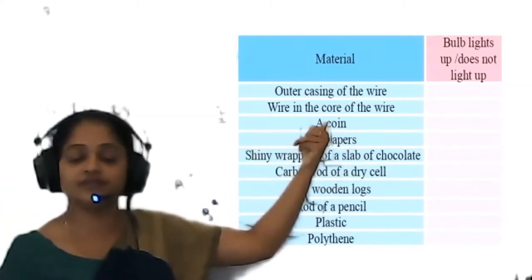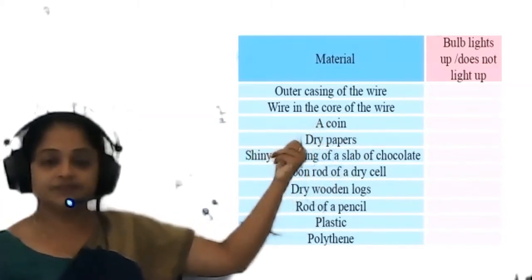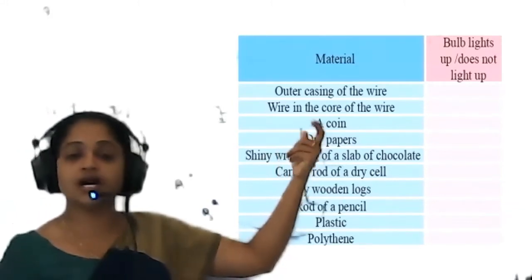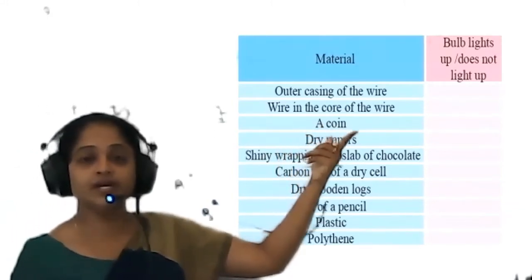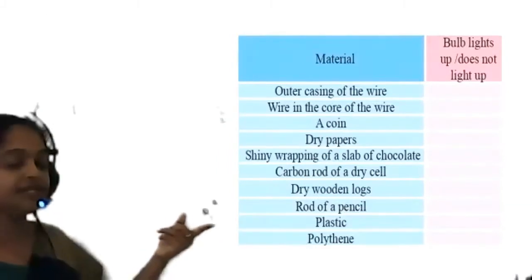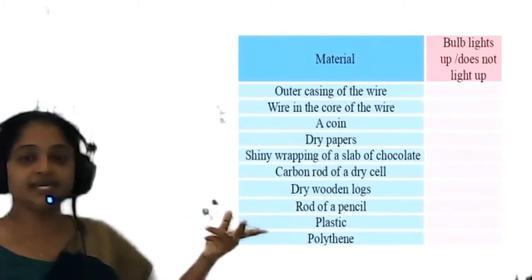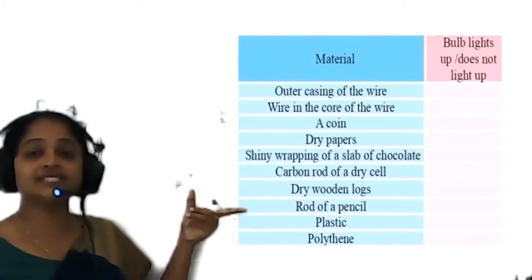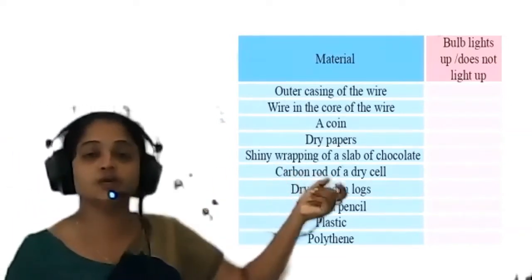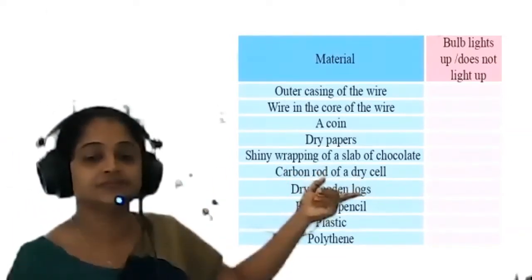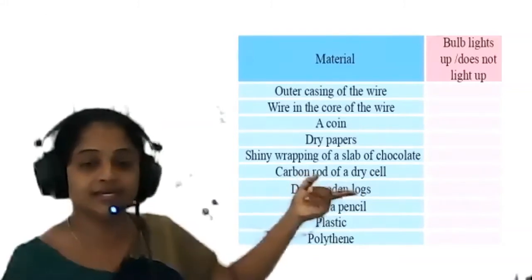Outer casing of the wire. What do you think about the outer casing of the wire? When we put the outer casing of the wire into the circuit to connect A and B, what observations can be taken? Can anyone tell me?